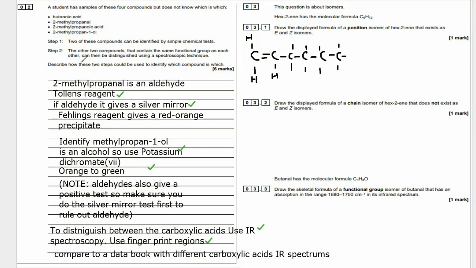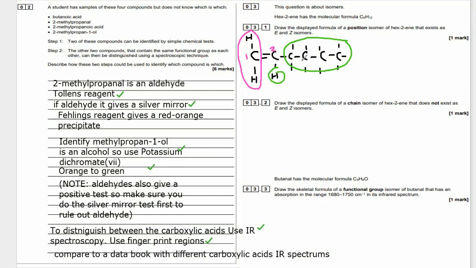Why, you say? You can only do EZ isomerism if you have different groups attached to each of the carbons on the double bond. If we call this carbon 1 and carbon 2, well, carbon 2 is good to go because it has a butyl group attached and a hydrogen.